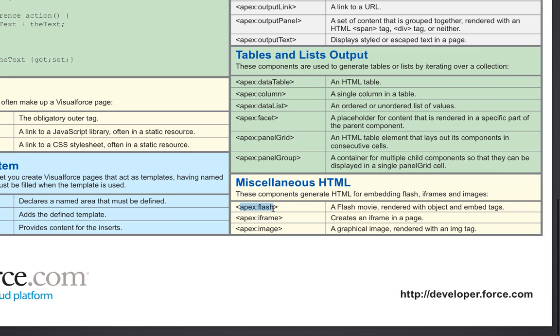And facet is a placeholder for content that is rendered to the parent component, which is specific to the parent component. So when you are building some scenarios like a widget type of application, if you are having a four-step application, first step, second step, third step, in that case you can use facet.